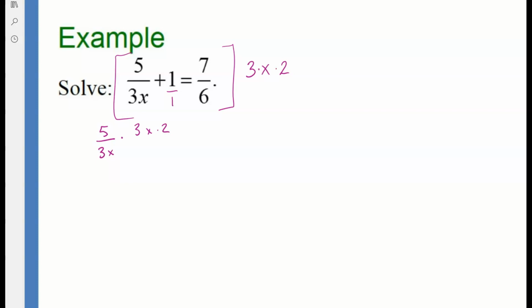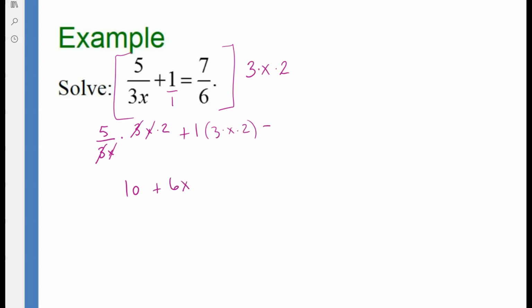We know that if we have a factor of 1 when we're multiplying, like 3 over 3, we can cross that off. x over x is also a factor of 1. And then multiply what's left, just 5 times 2 in the top, so that gives me 10. Then I'm going to go to the next term, which is just 1, and 1 gets multiplied by 3 times x times 2. So 1 times 6x is just 6x.